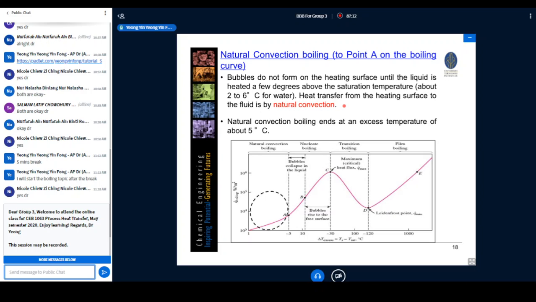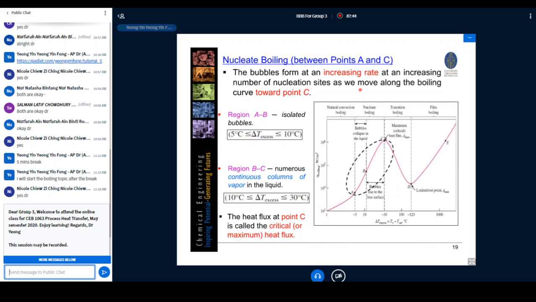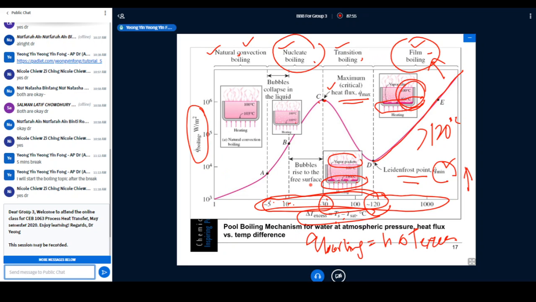And then after that, nucleate boiling between A and C. The bubbles form at an increasing rate, with an increasing number of nucleation sites, as we move along the boiling curve towards C. So you can see more bubbles form. You can see the pictures: bubbles start to form, and then start to rise.